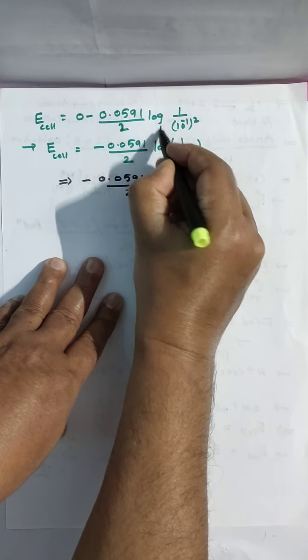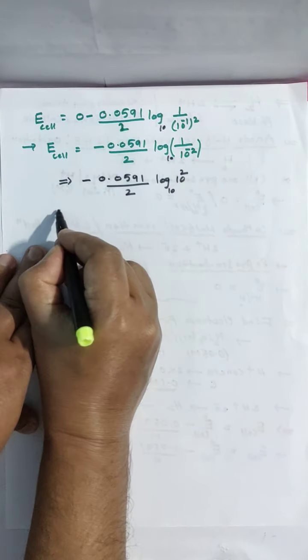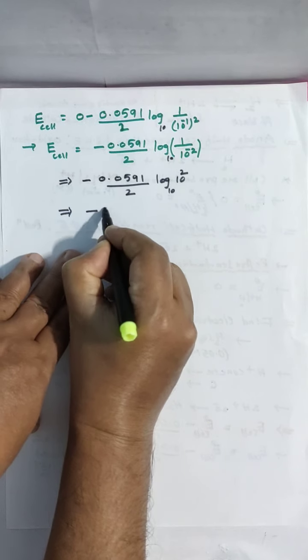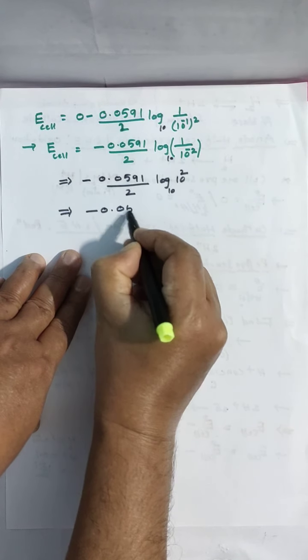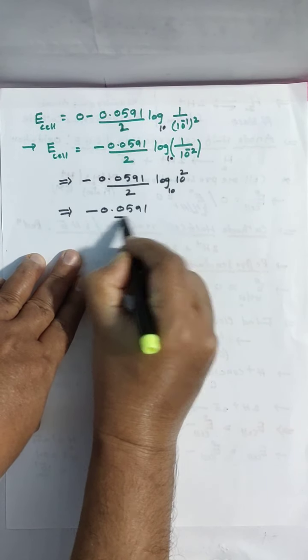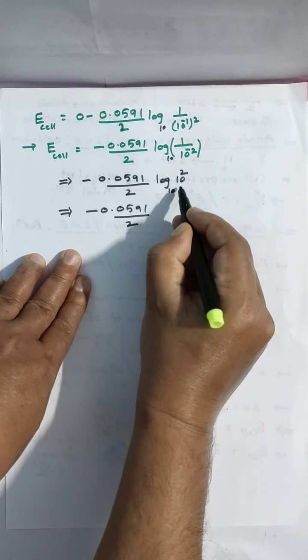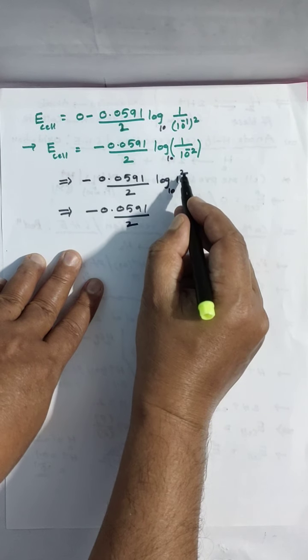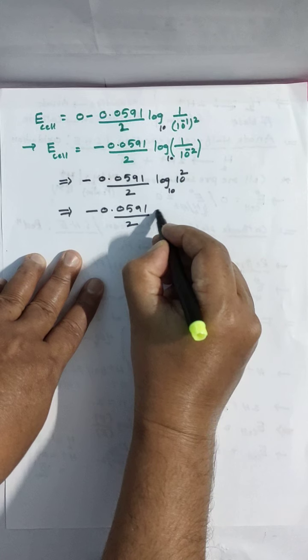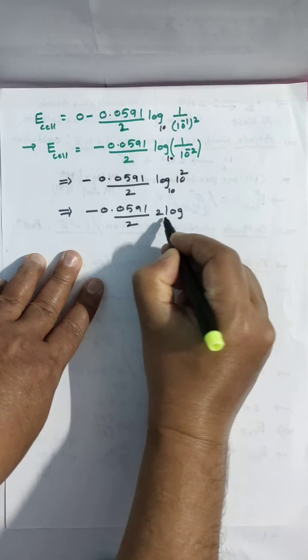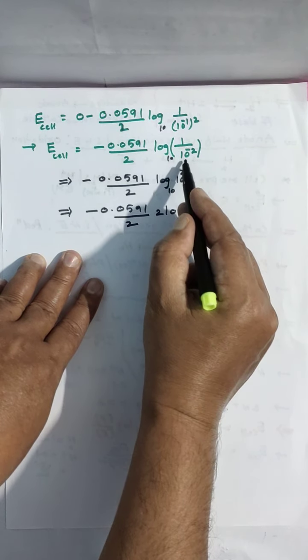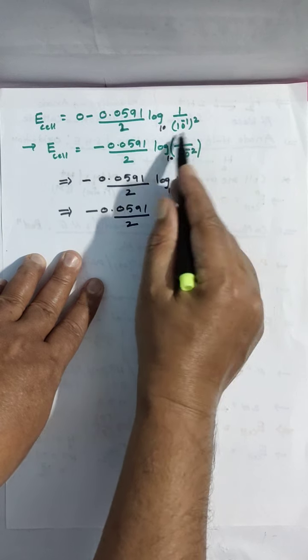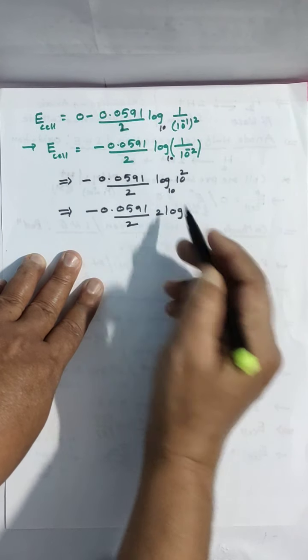That implies minus 0.0591 upon 2, and again log a power m gives m log a, 2 log 10.